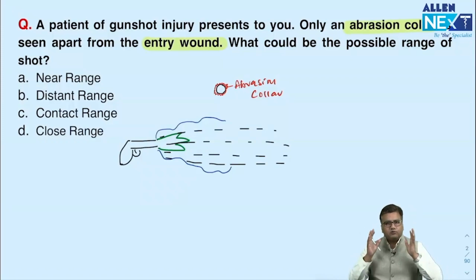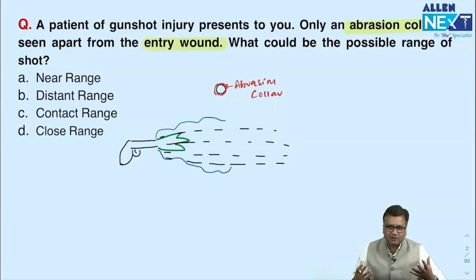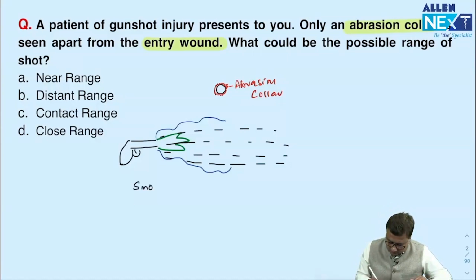Now, if these things are going to strike a person, they are going to produce certain impact on the body, right? What are the impacts that they produce? Smoke produces blackening.